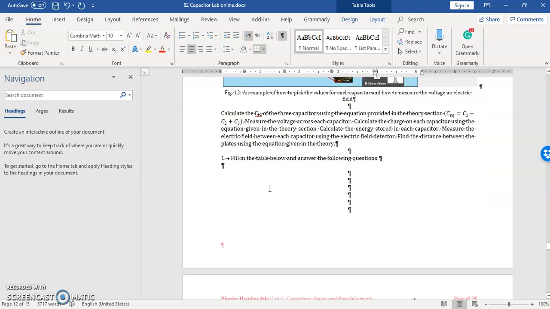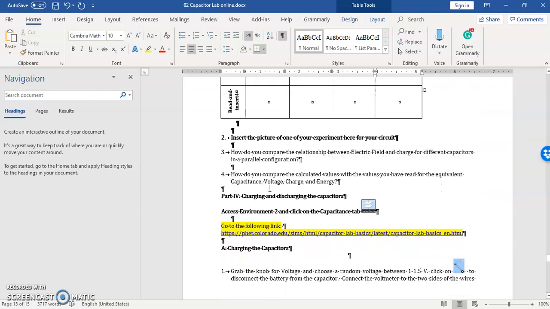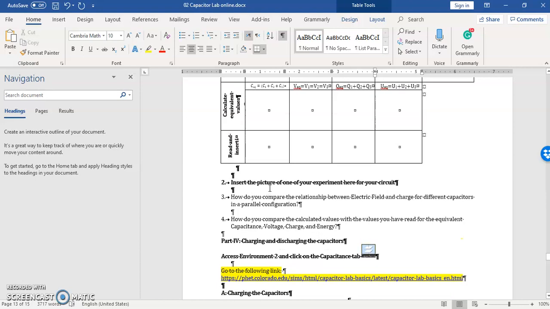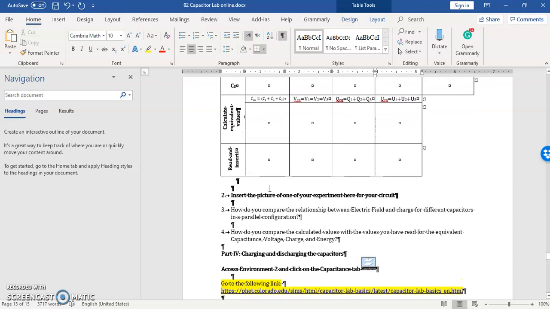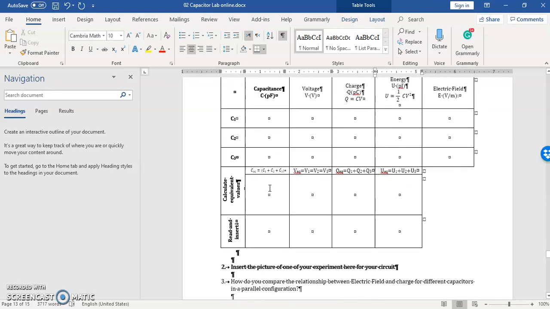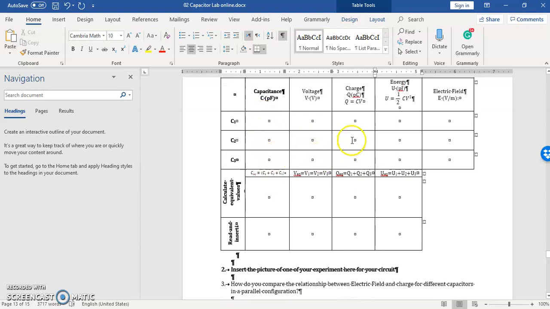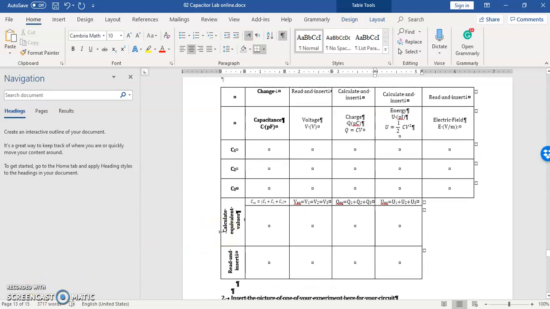The very last part is this part, where you fill out the capacitance, voltage, Q, and also calculate and read and insert the total that you had found before, by just looking at the totals. So that's it for the first part of the lab.